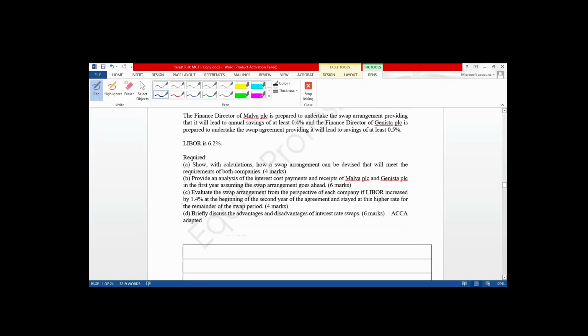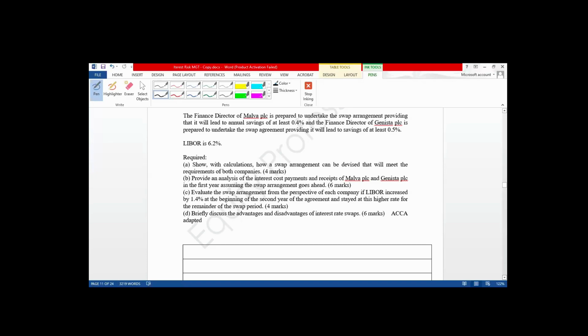Requirement A says, show with calculations how a swap arrangement can be devised that will meet the requirement of both companies. What the examiner is asking you is step 1: arrange a swap that meets the requirement of both parties.